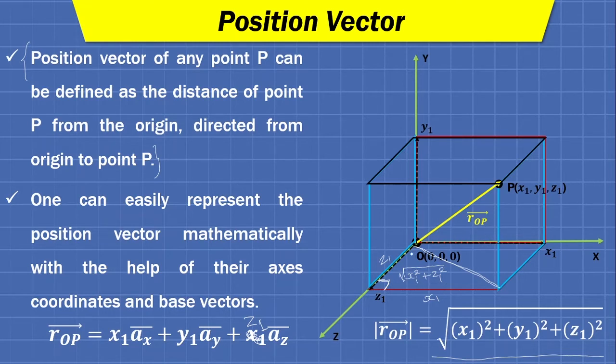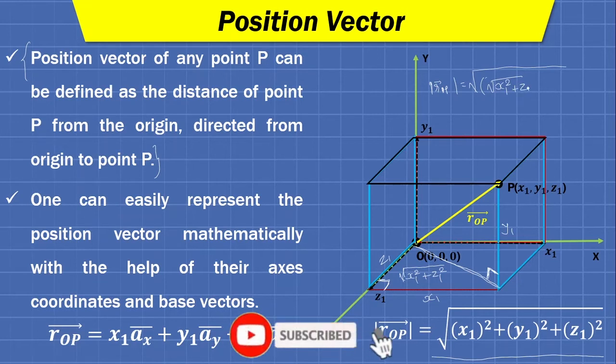Fine. Now we can again see another right-angled triangle which is formed with the base as this white line and height as y1, and the hypotenuse of this right-angled triangle is nothing but the position vector. So the length of our position vector, that is modulus of R_OP bar, again we will apply the Pythagoras theorem: (x1 squared plus z1 squared) whole squared plus y1 squared.